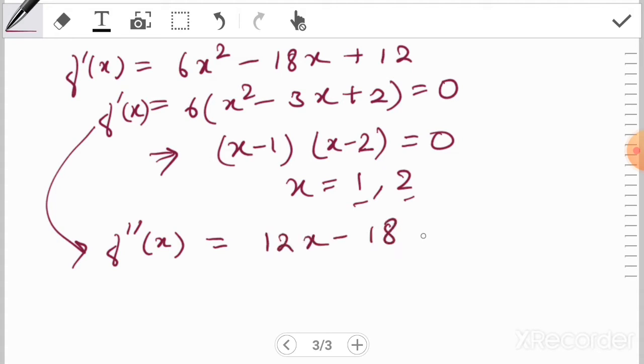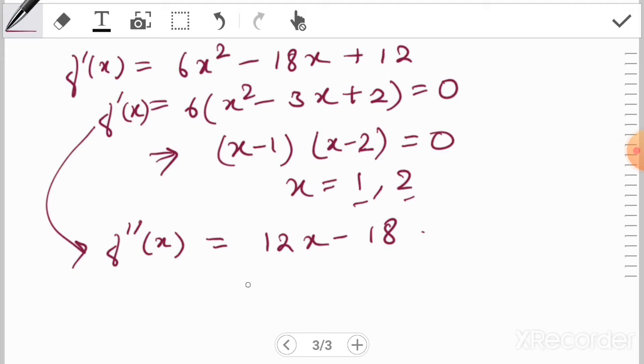Okay, now put the values of x in this. So if f double dash x is positive, then we have a minimum, and if f double dash x is negative, we have a maximum.